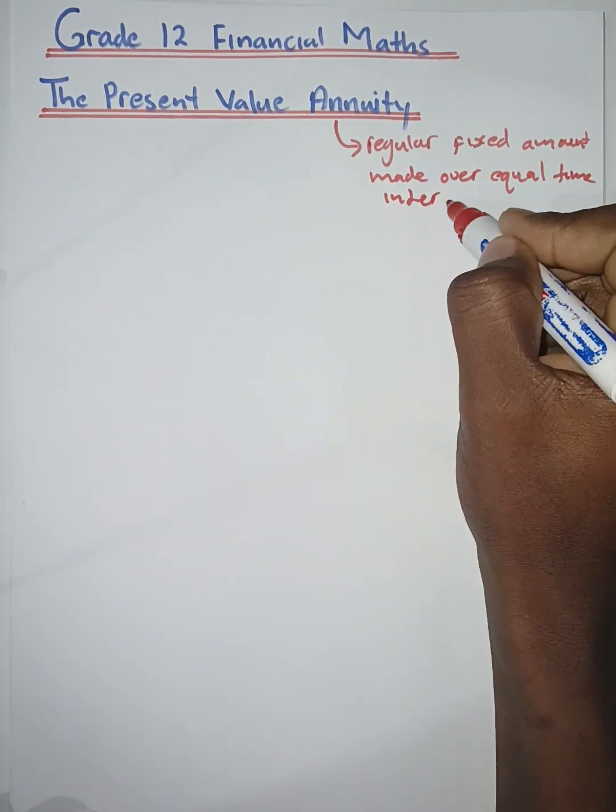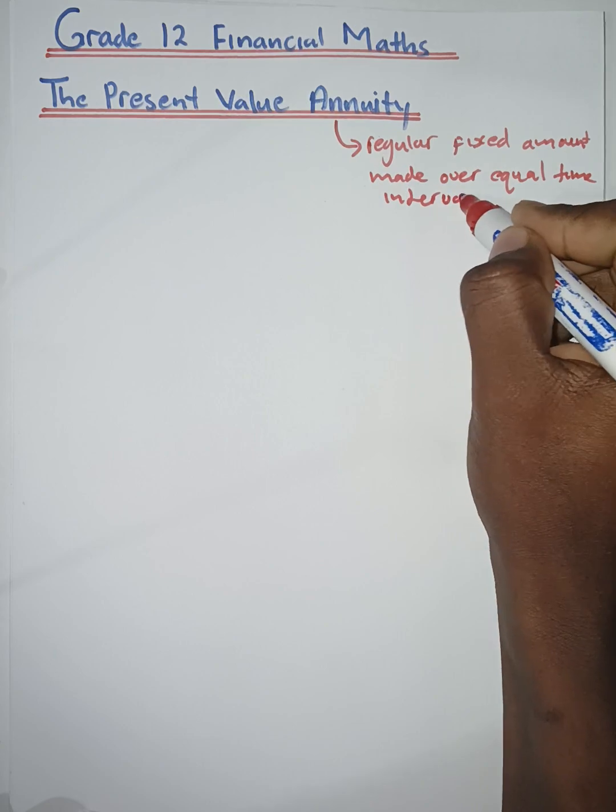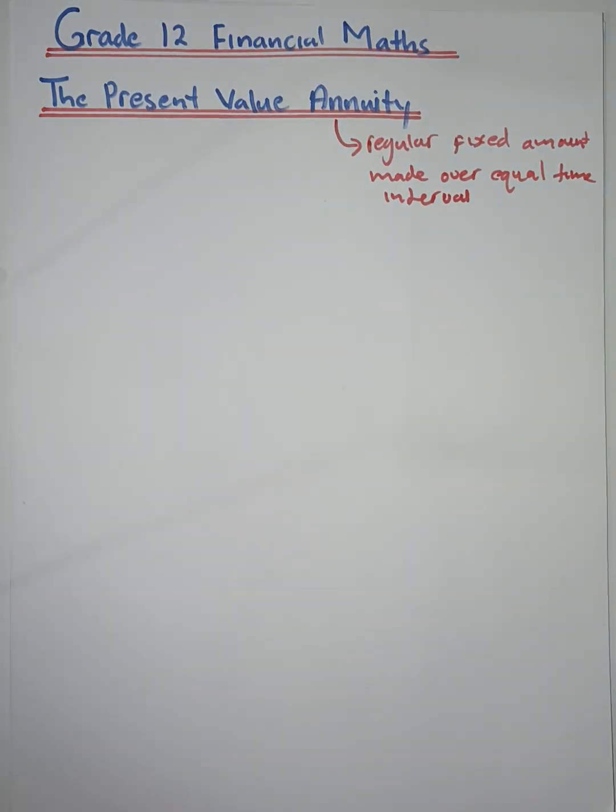So it could be per month or per year or even semi-annually. In this case, an annuity could be a certain amount that you pay into an account to reach a certain goal, or it could be an investment.